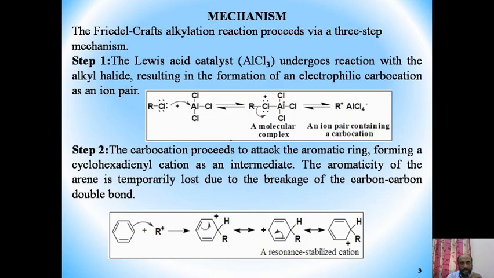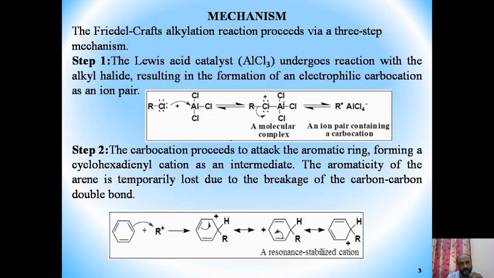Here there is a small mistake, you see. Once the R-Cl bond breaks down, both the bonding electrons go to the chlorine atom, because the carbon atom of the alkyl group is less electronegative than chlorine. Chlorine has an electronegativity of 3.5, whereas carbon has 2.5.